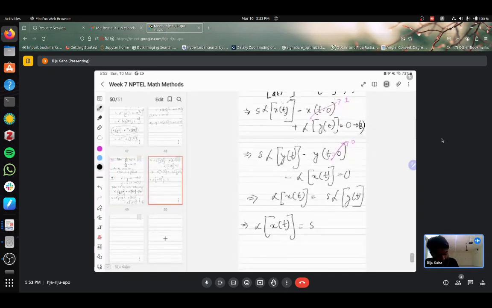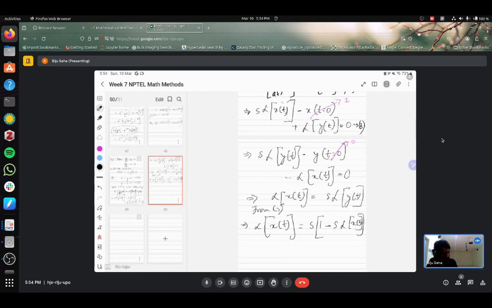That was the thing I was missing. So it is 1, I was taking it to be 0. So L[y(t)] would be this: 1 minus s times L[x(t)]. This I obtained from 3.